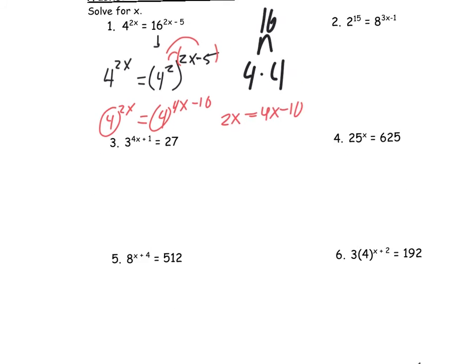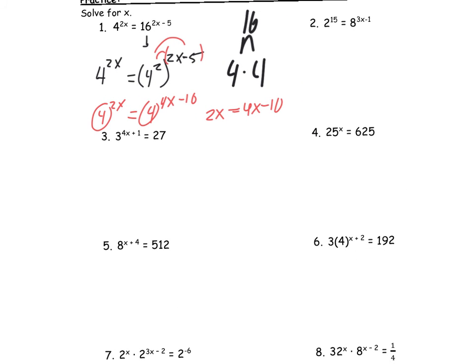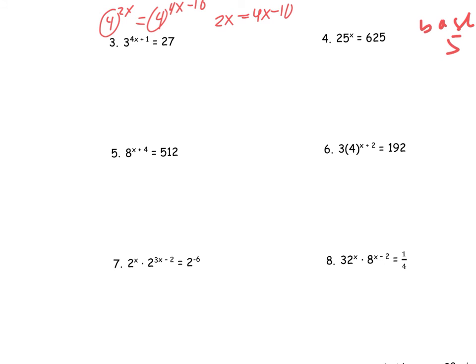That's kind of what you're doing with this whole thing here. This is probably going to be a base of 2. This one I think you could do 25, or I'd probably do base of 5 to keep it easy. For this one right here, 6, you have the 4 there, raised to the x plus 2 power, but you got to get rid of the 3 before you can do anything there.